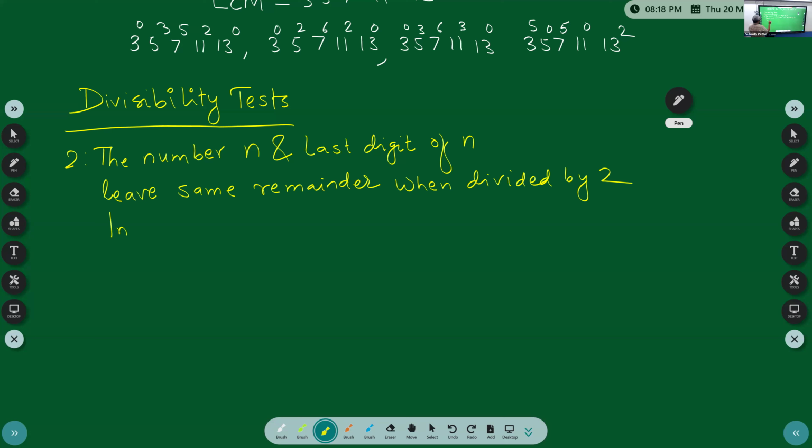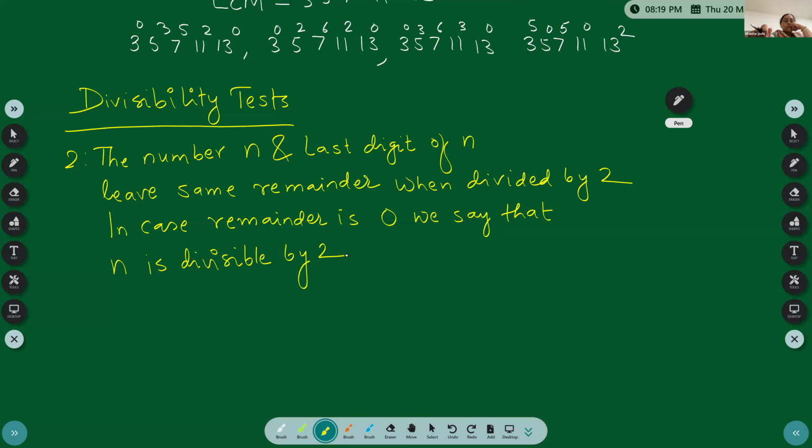Remainder means बाकी in Marathi. In case the remainder is 0, we say that n is divisible by 2. We call this the complete divisibility test of 2. Completeness is there.